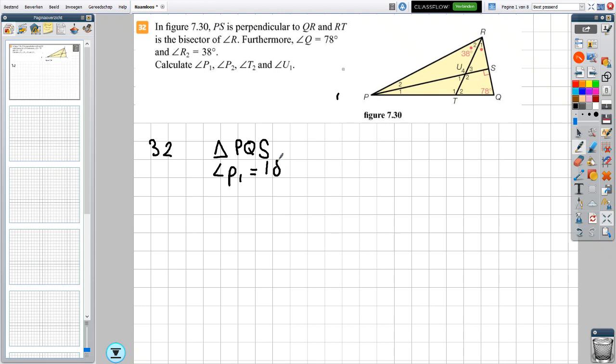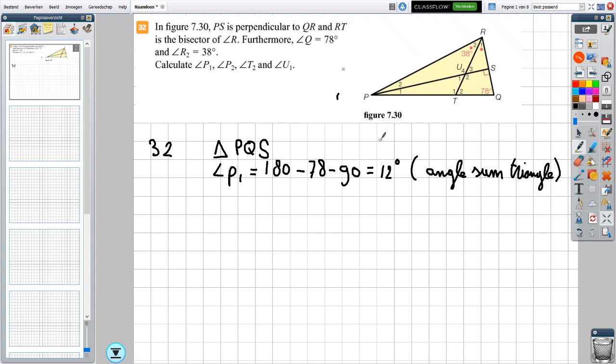I'll give you one small hint. I start with 180 minus 78 minus 90. Which gives us that angle P1 is actually only 12 degrees. Which rule did I use here? I used the angle sum, right? Because all the angles in the triangle together must be 180 degrees. Angle sum triangle. So that's the first one.